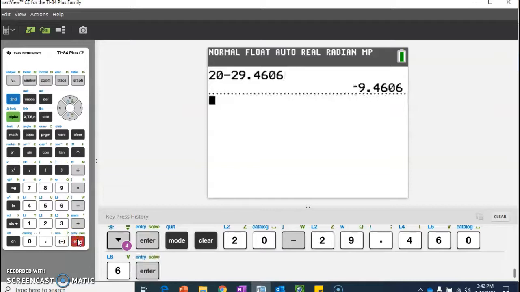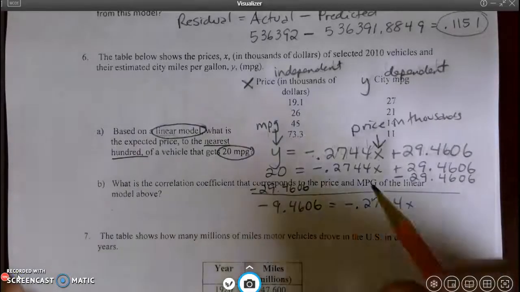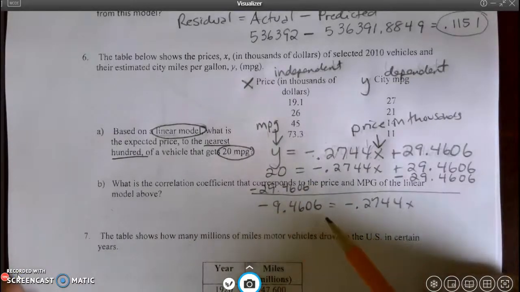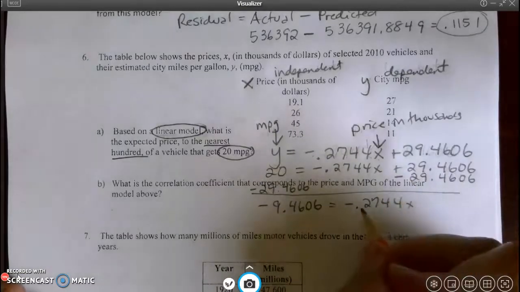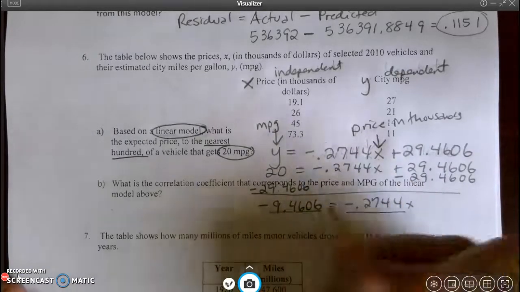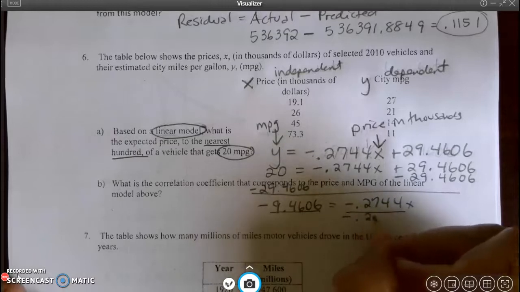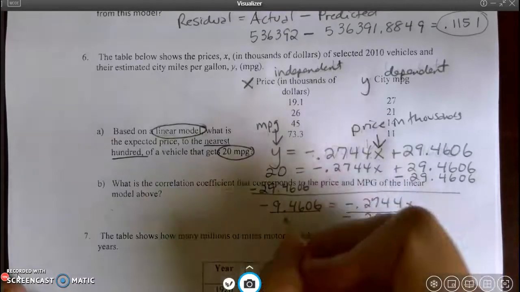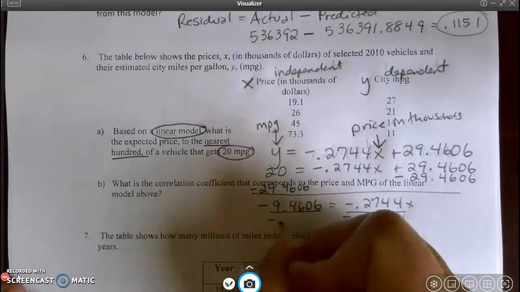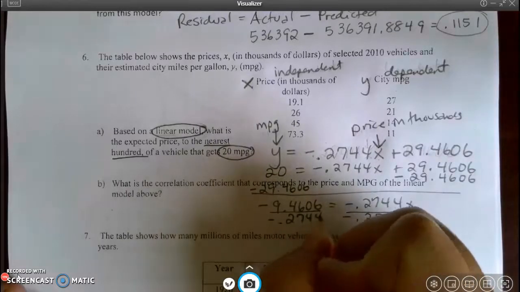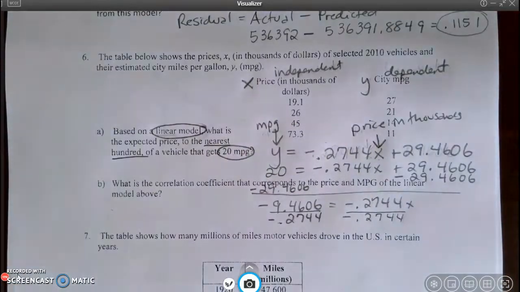And that leaves me with negative 9.4606. So I was left with negative 9.4606 equals negative 0.2744x. I'm going to divide both sides by negative 0.2744. And I'll see what I get for x.